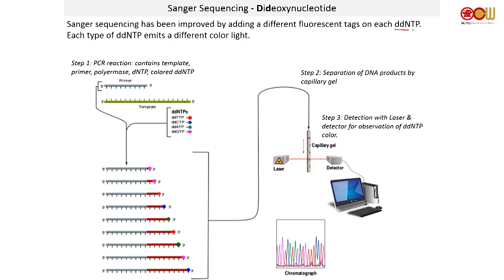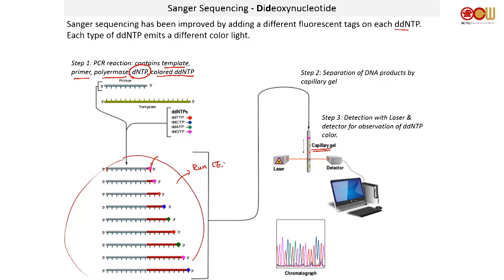Again, you still do your PCR reaction, which contains a template, primer, polymerase, the normal dNTP, and then colored ddNTP for each of the ddNTPs. Every time, by chance, you terminate the chain with either A, T, C, or G, you have a small fragment, and then gradually you have larger fragments. Then you take this mixture and run it using capillary electrophoresis. Okay, so we're using a capillary.